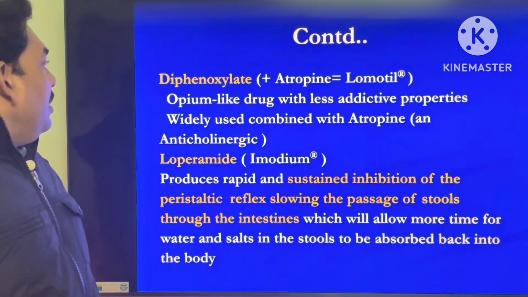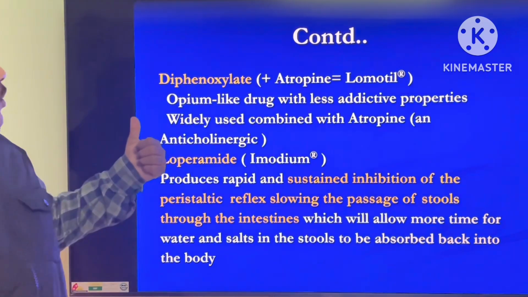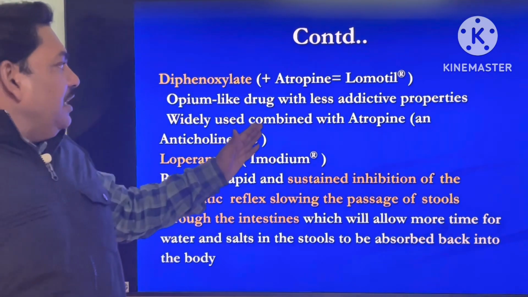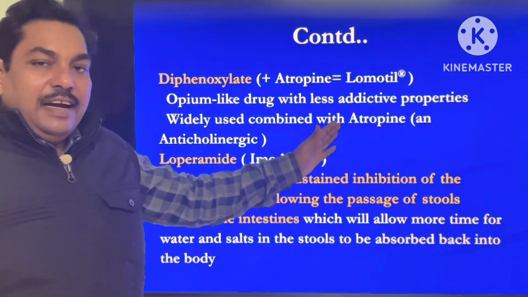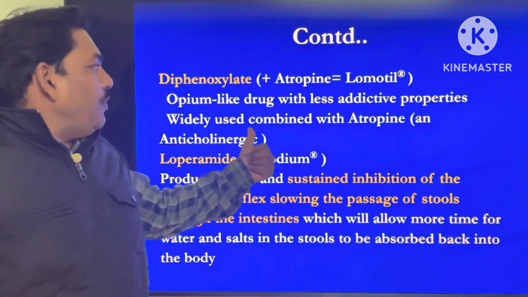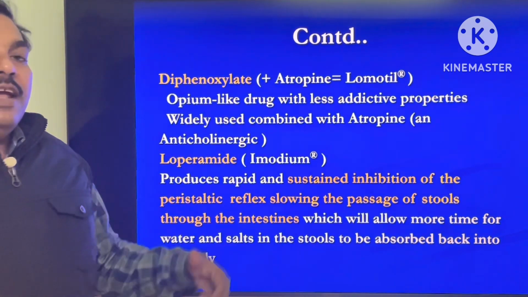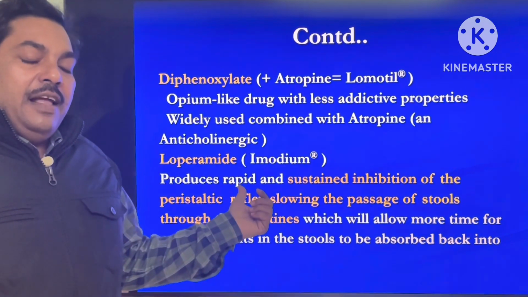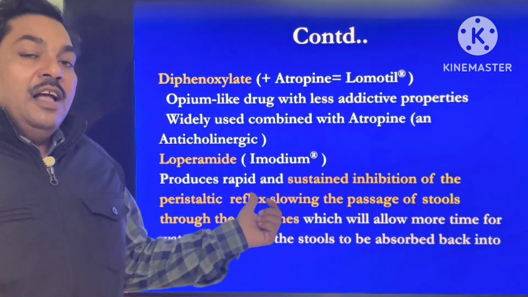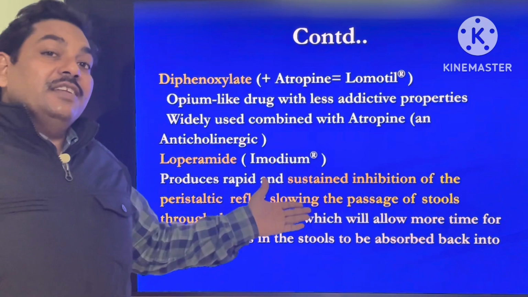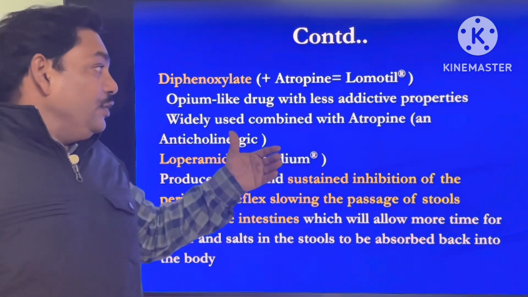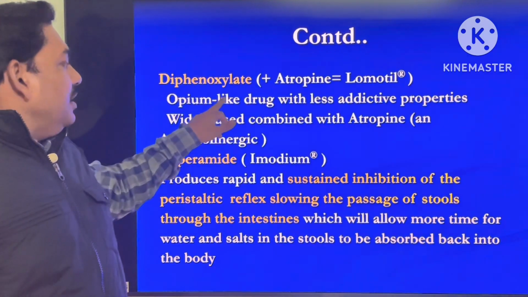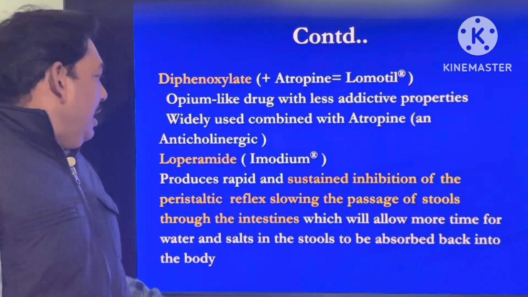Next. Diphenoxylate is a drug that lacks addictive property and is used in combination with atropine. Actually, atropine is an anticholinergic drug that reduces the secretion of water. That's why it can be used for treatment of diarrhea.